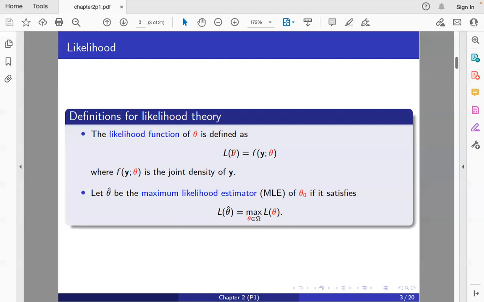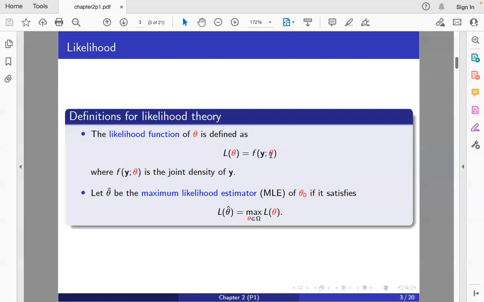What is unknown? The only thing unknown is theta. But you can also see that this is a function of random variables: L(theta) has y in it, and y is a random variable, so it follows some distribution.